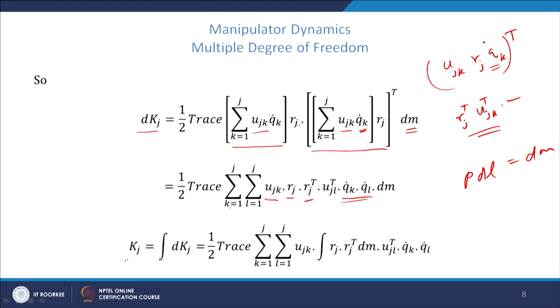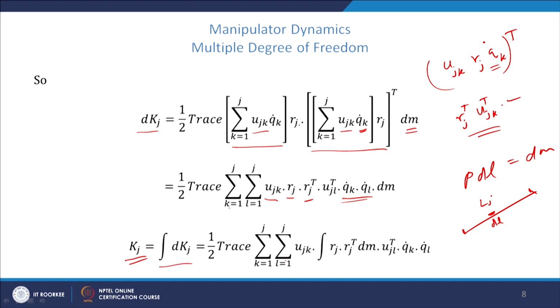Now, we can calculate the total kinetic energy of the jth link. It is the total integral. If the jth link has length, let us say Lj, then we have to integrate from 0 to Lj, because we have taken the small element mass length dl, and if you integrate over the total length from 0 to L, we get the total kinetic energy.